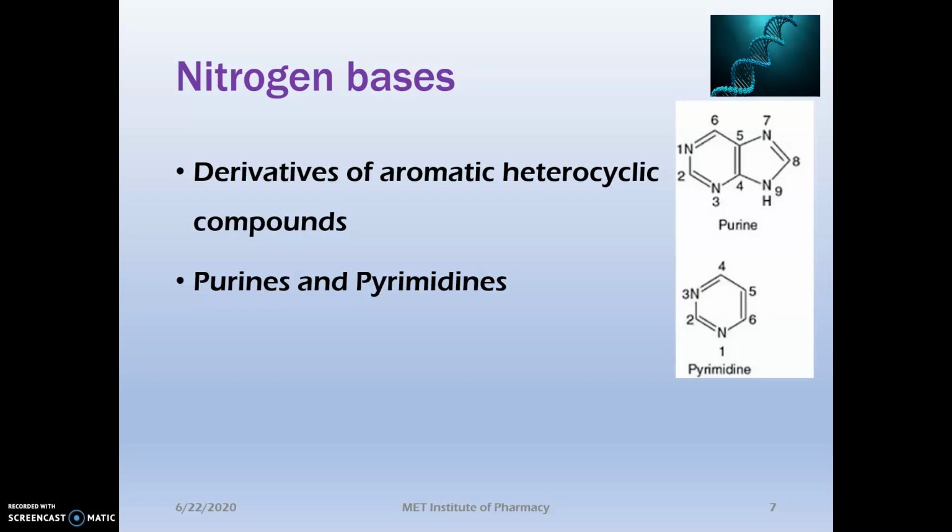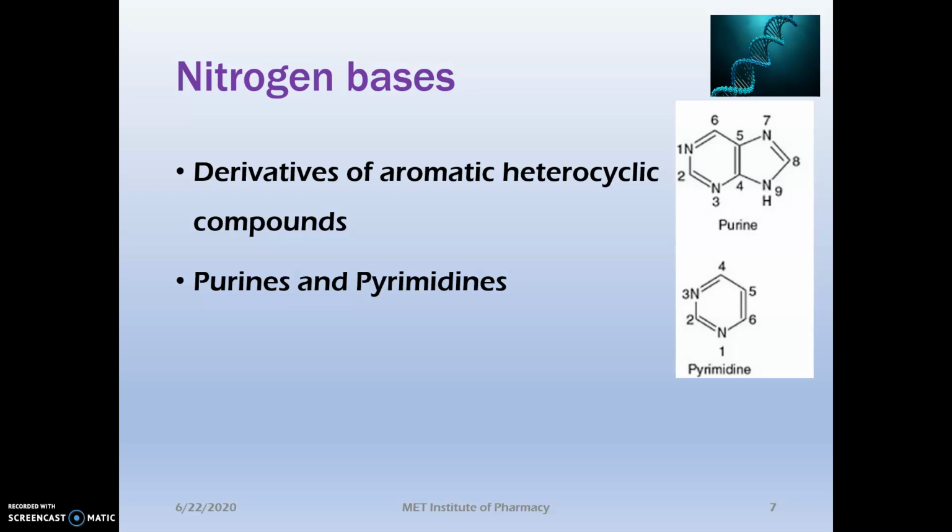Purine is two heterocyclic rings fused together. One is a 6-membered ring which contains 2 nitrogens, known as pyrimidine, and the other, a 5-membered ring which again contains 2 nitrogens, is imidazole. So the purine structure is a fused ring of pyrimidine and imidazole.